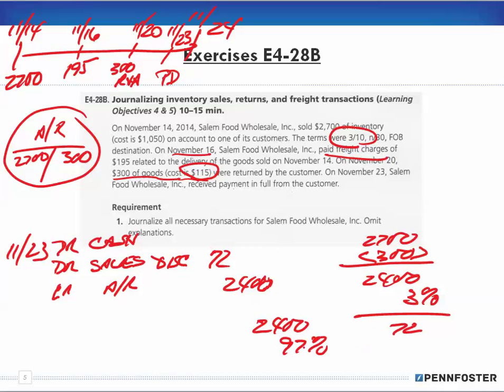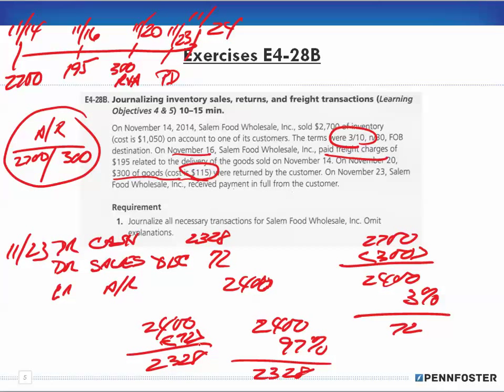A 3% discount from 100 is 97%, and end up with 2,328, and that's my debit to cash. Or I could have just taken the 2,400 and subtracted the 72 and got 2,328, which is probably what I would have done. I wouldn't have done this extra step for the cash. But in either case, you're going to end up with your cash being 2,328 because debits have to equal credits.